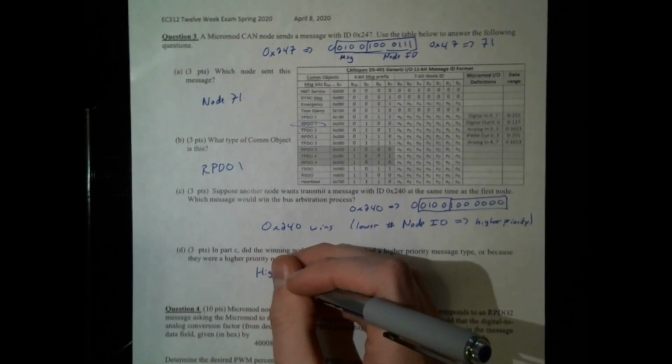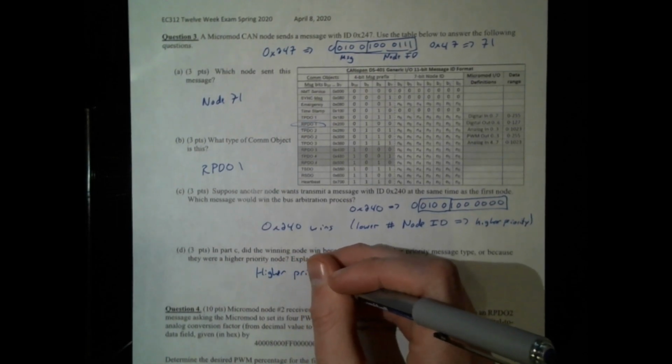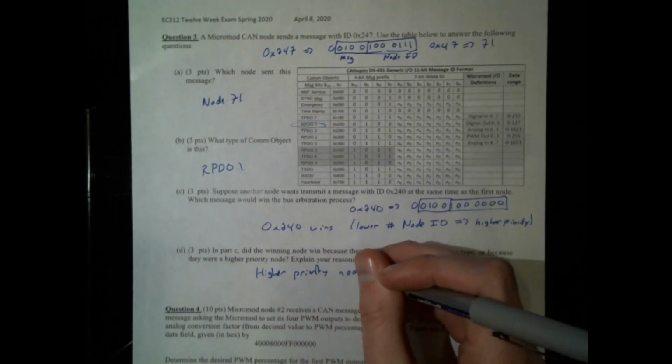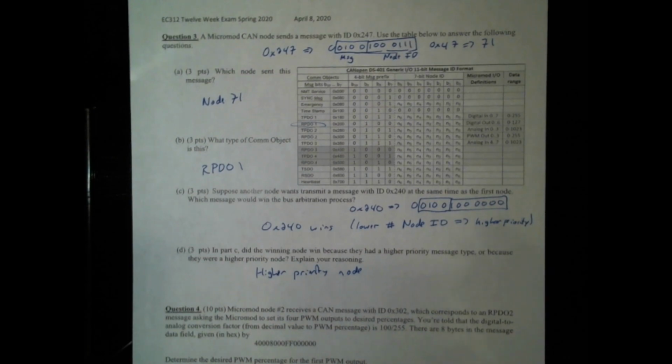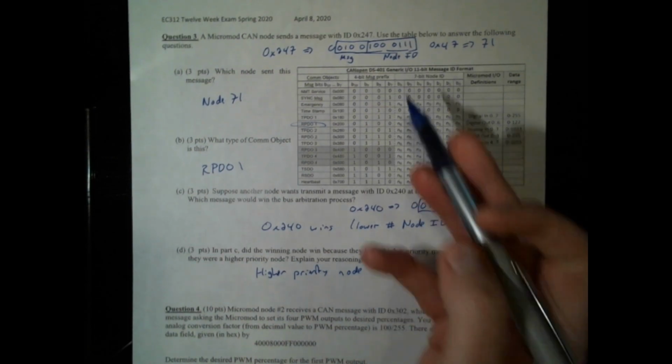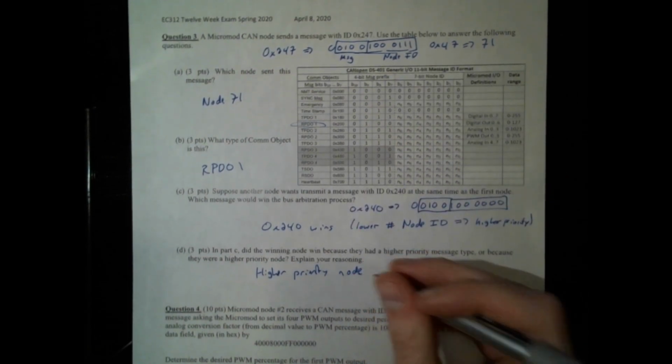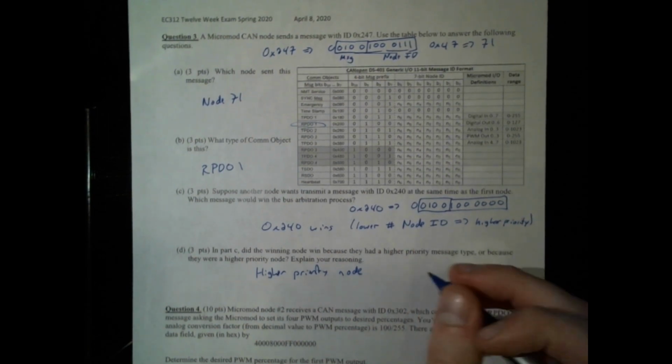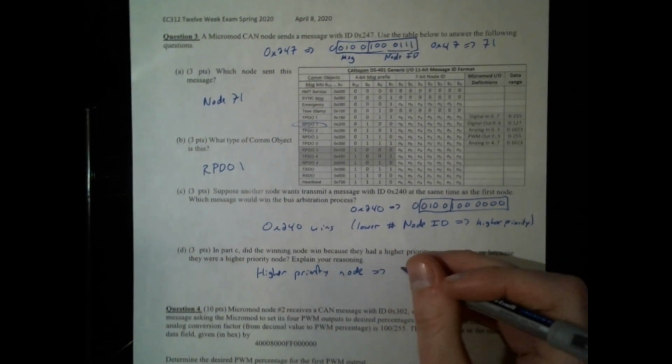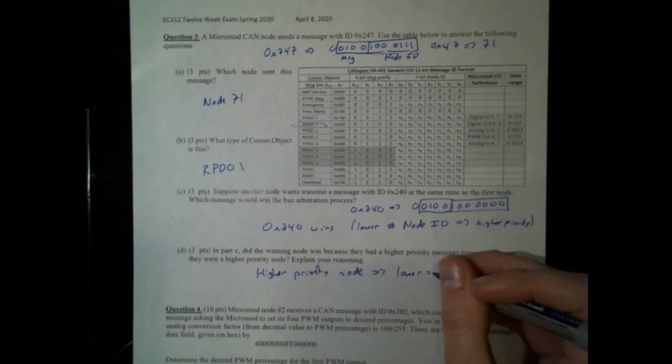And we would say it is a higher priority node. And really it's just because this has more zeros in it than that one does, and 0 is going to be dominant. And you could explain lower equals higher, something like that.